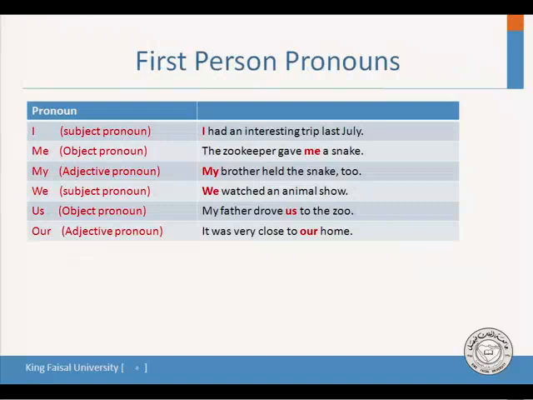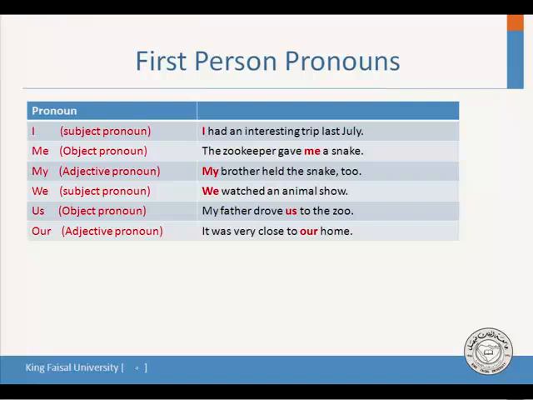First person pronouns. How many pronouns do we have in this table? We have 6 pronouns. I is the subject pronoun. I had an interesting trip last July. Me is an object pronoun. The zookeeper gave me a snake. He gave me a book. He told me a story.